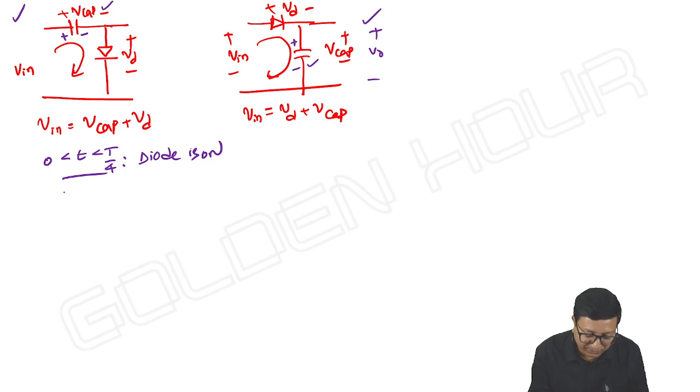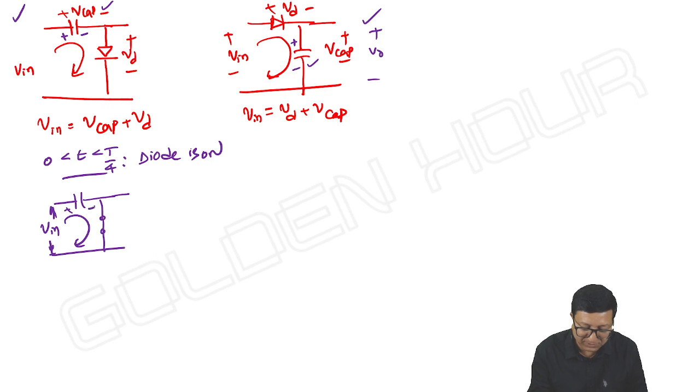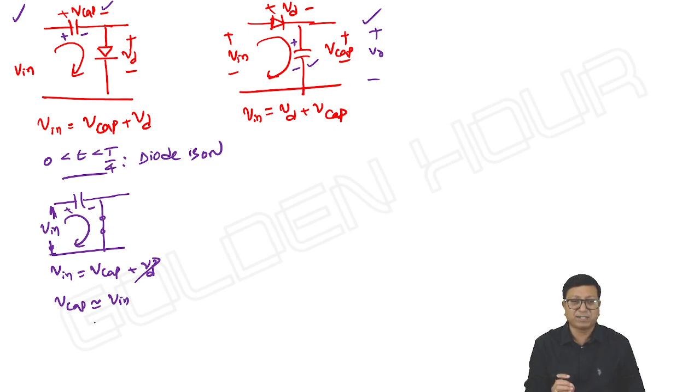Then once the diode is on, the circuit is almost acting like a short circuit, and V input is here, and the current flows like this. Capacitor will charge with polarities this way. So V input is equal to V capacitor plus VD. The diode voltage is almost negligible. So V capacitor is approximately equal to V input. Practically speaking, slightly less than V input, because first the input has to rise, next the capacitor charges.